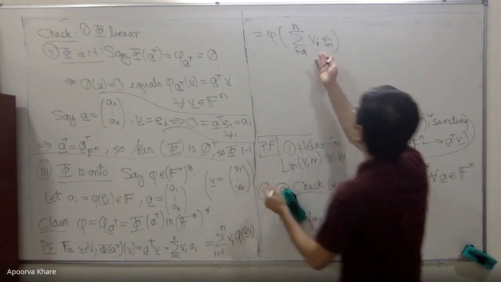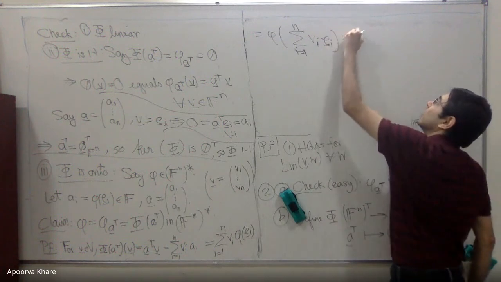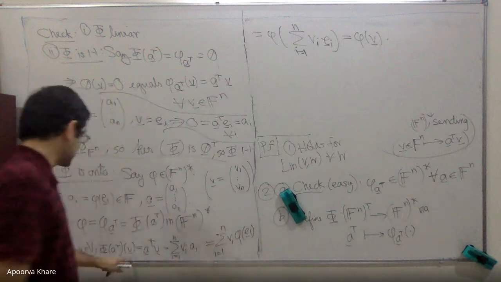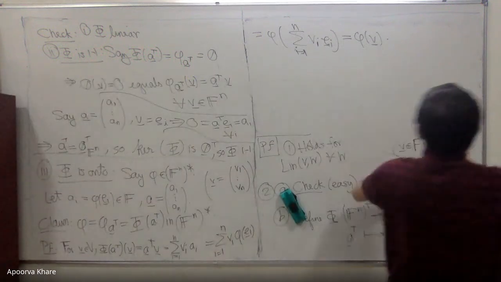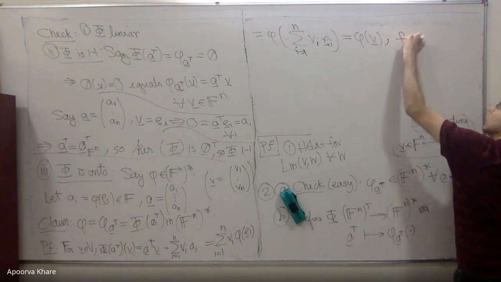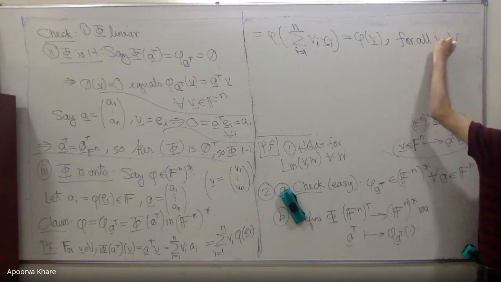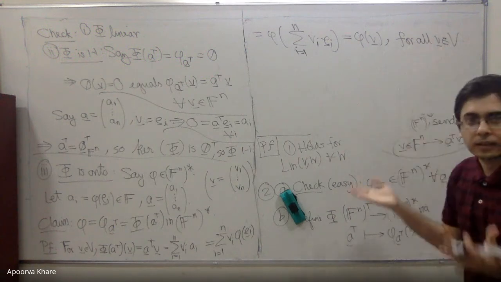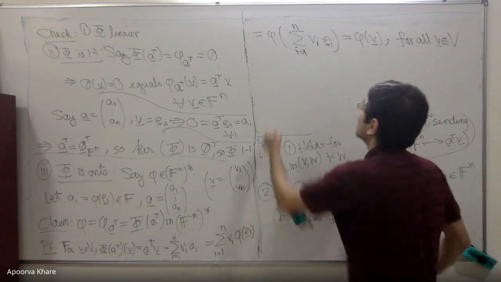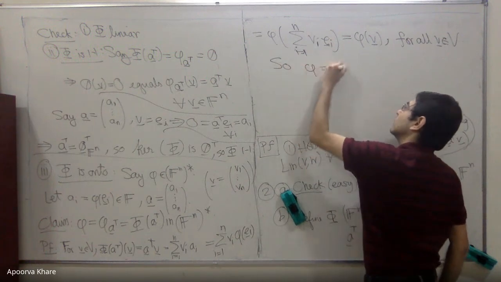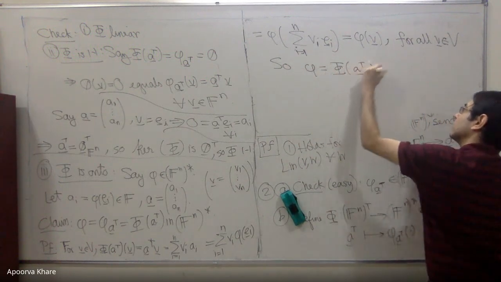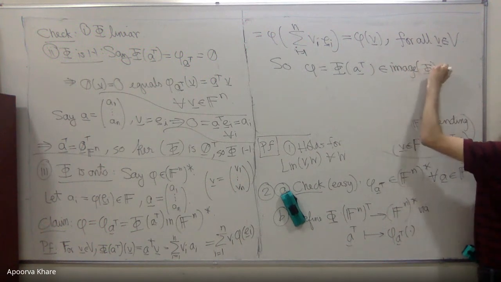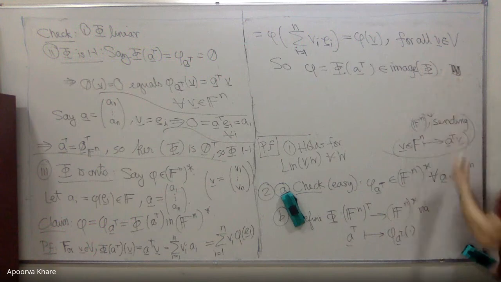So summation VI EI is exactly V. And so we have started from phi of A transpose of V and equated it to phi of V for all V. If two linear functions agree at all points, then they are the same function, and that's what we are saying. So it was 1 to 1, it is onto, and we are done.